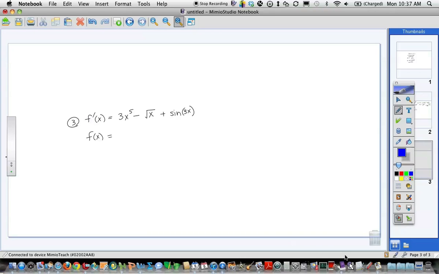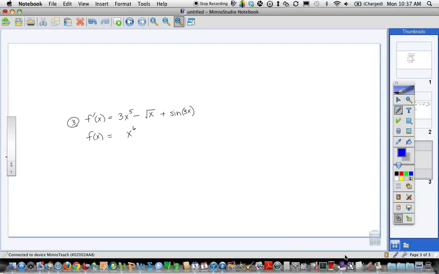All right, let's go through this. Wait. Let me finish. So the first one, the power rule. Common sense would say, when you do the derivative, you drop the power by 1, so it makes sense the antiderivative will have to go up.